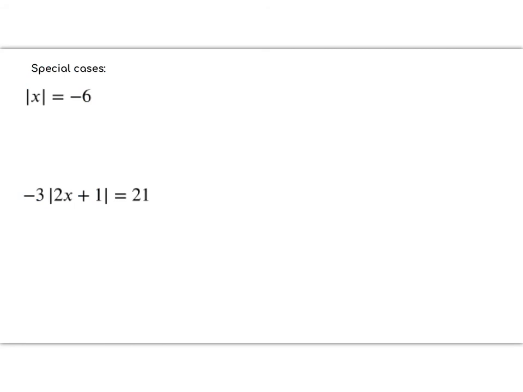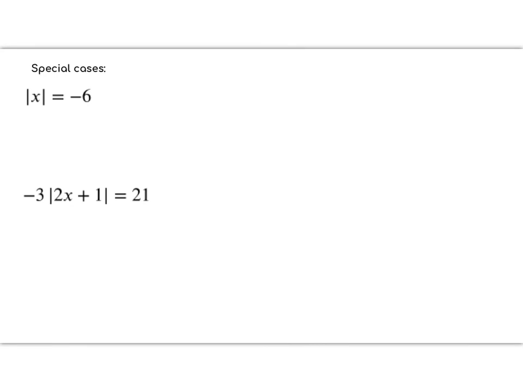As with a lot of things in math, sometimes there are special cases. Here is the special case for absolute value. Let's say we want to know the absolute value of what number is negative 6. Well, what do you know about absolute value? Absolute value is never negative, right? Because it's distance.